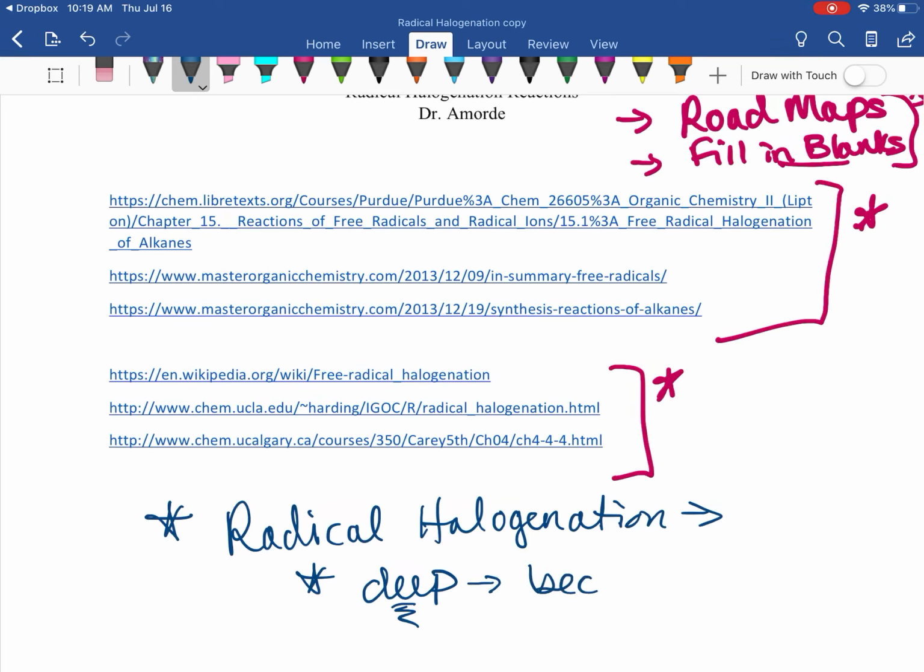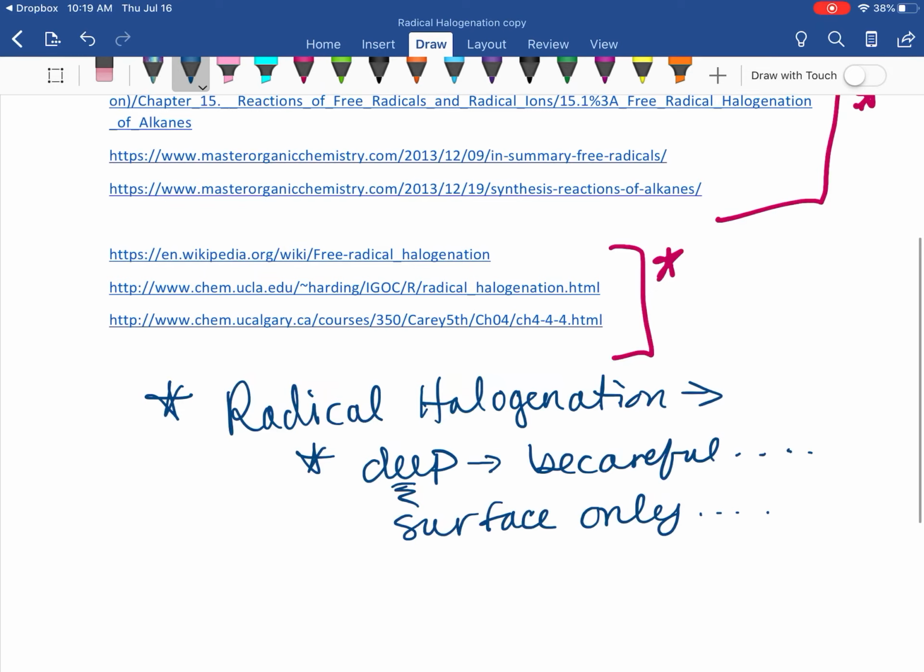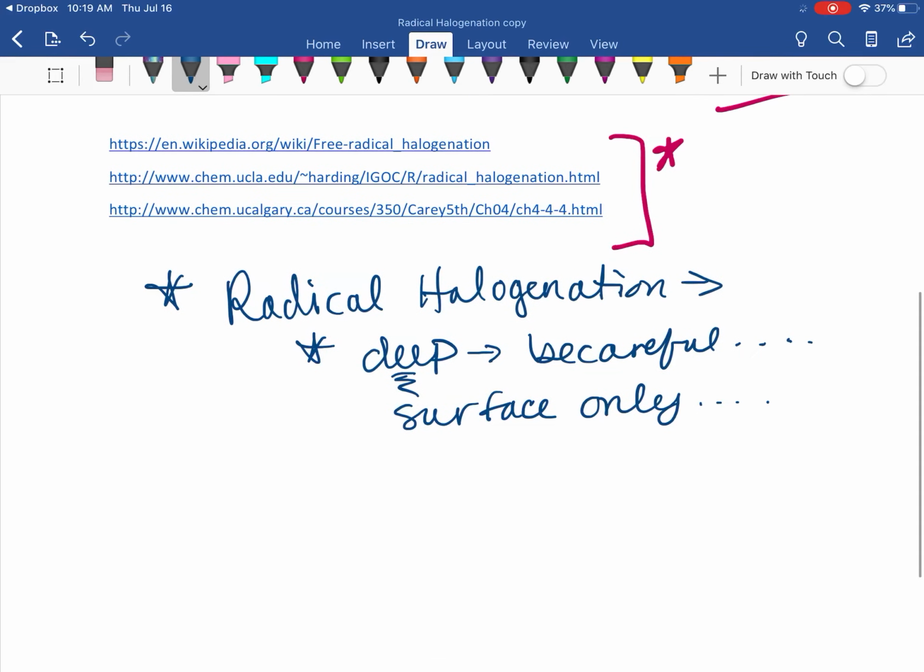We're simply going to give the basics of radical halogenation. So be careful here. We're going to keep it pretty much on the surface. Okay, so I just want to warn you when you start looking up things and you're looking at your radical halogenation that you don't panic and just start going down that rabbit hole.